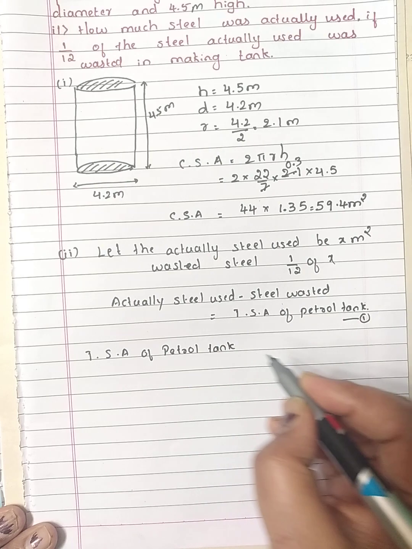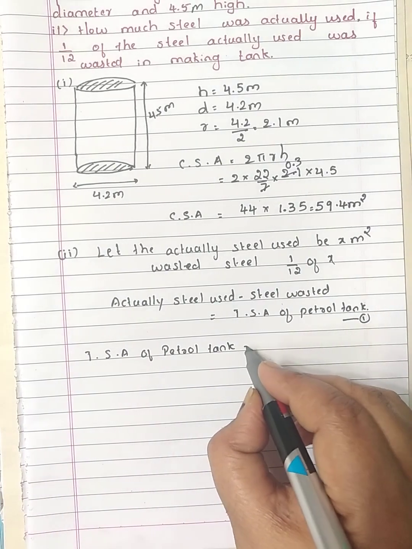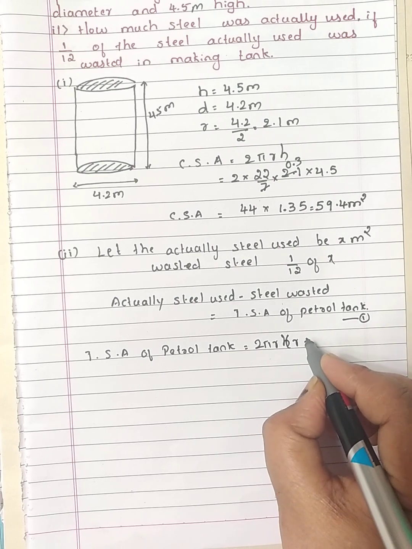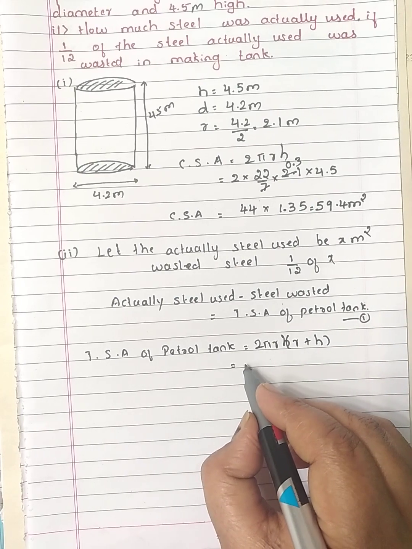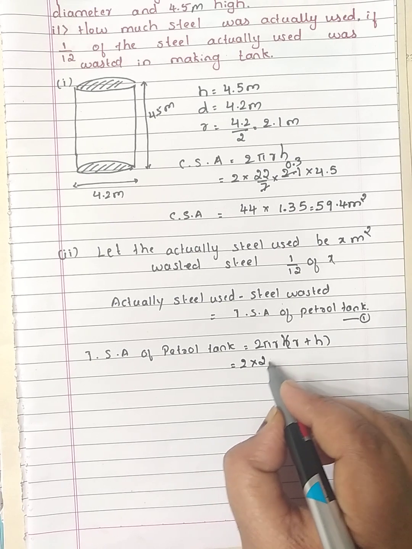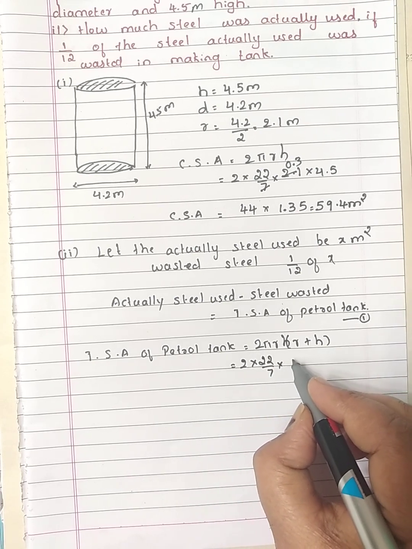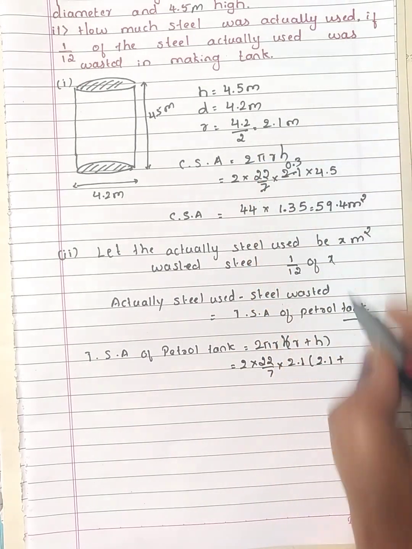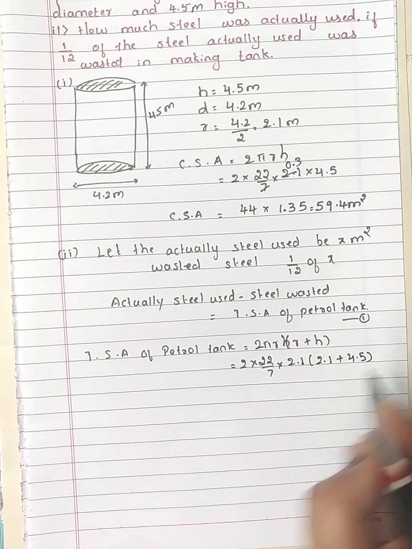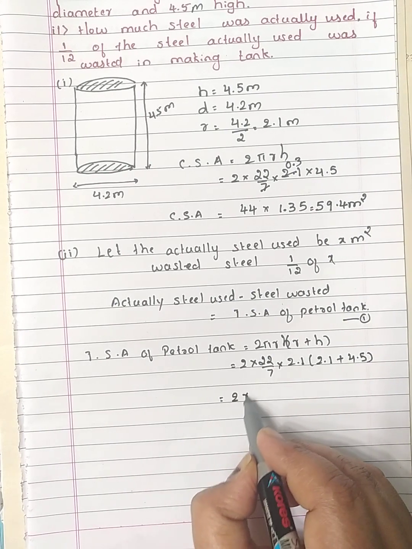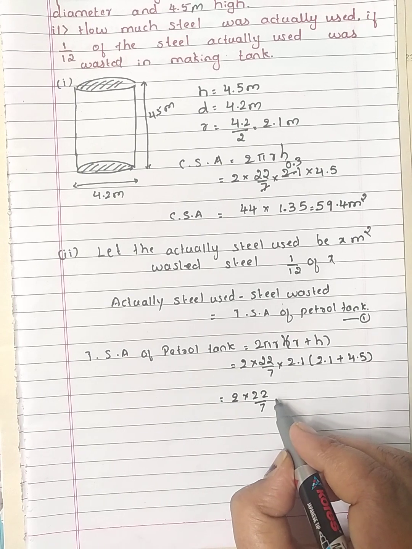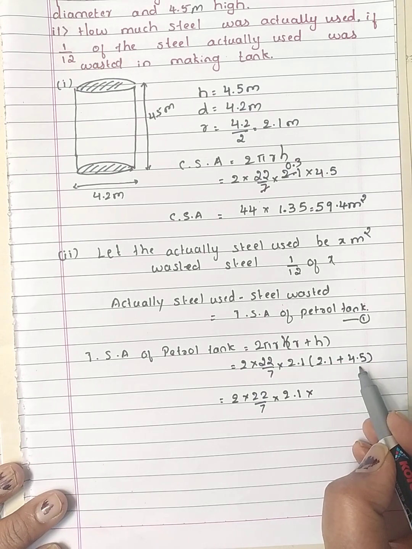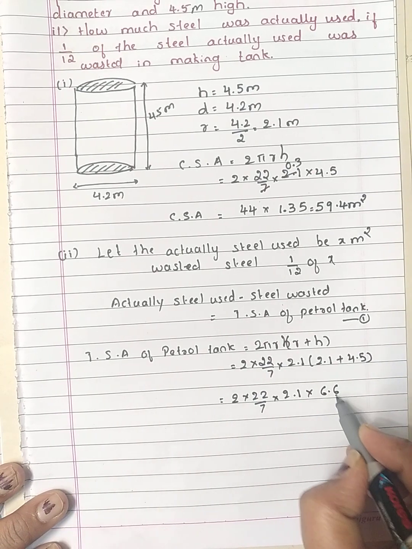So what is the formula for finding the total surface area? That is 2πr(r + h). We substitute 2π as 2 into 22/7, the radius as 2.1, and h as 4.5. That is 2 into 22/7 into 2.1, and 2.1 plus 4.5 is 6.6.